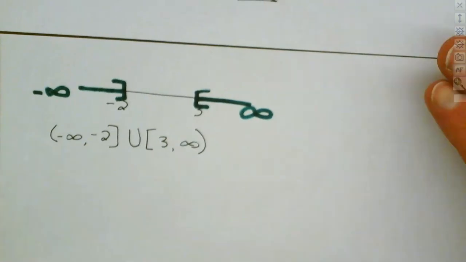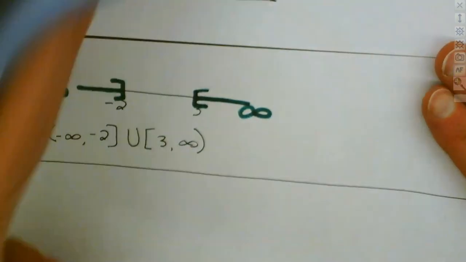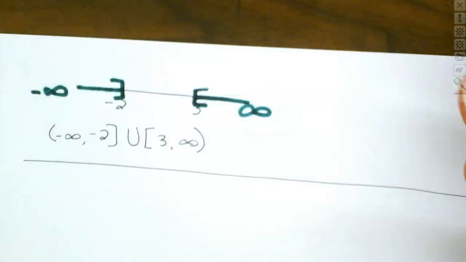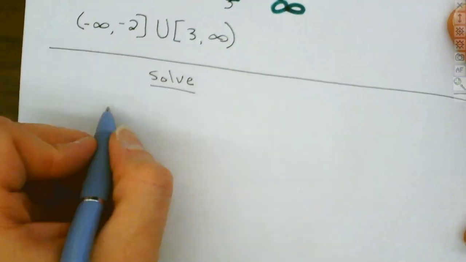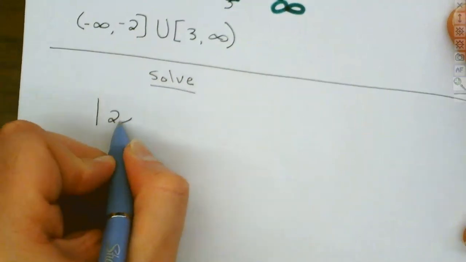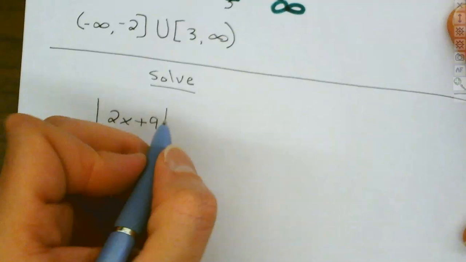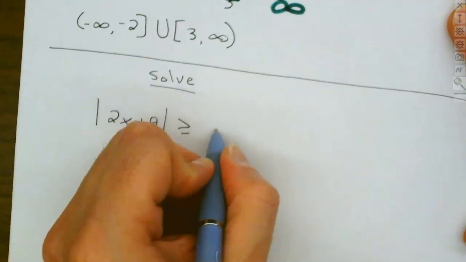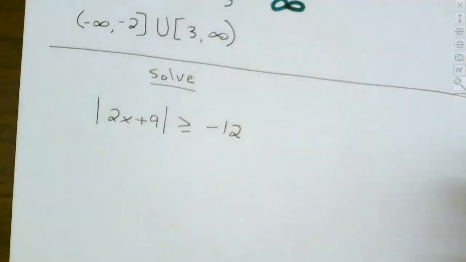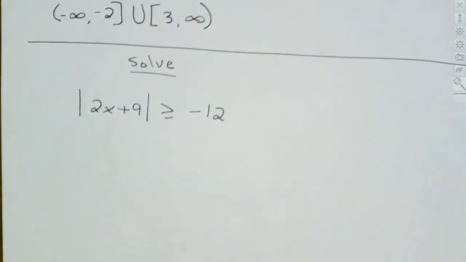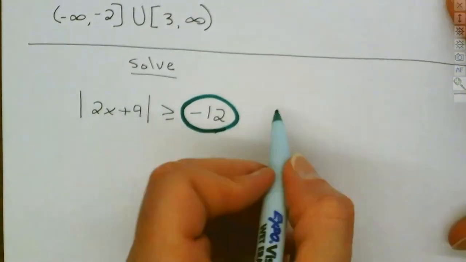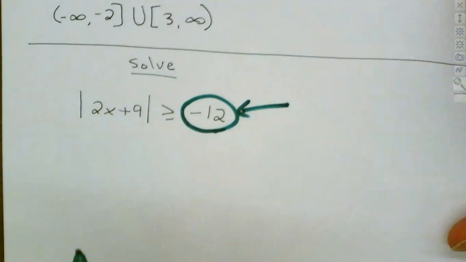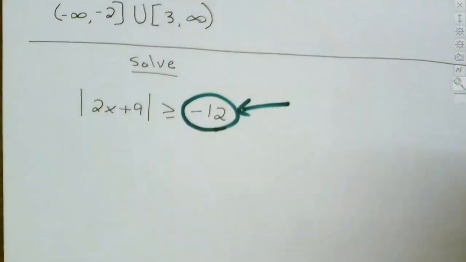Now let's talk about the special cases, when it's negative or when it's 0. Since it's negative here, when the right side is negative, it's either true or false.